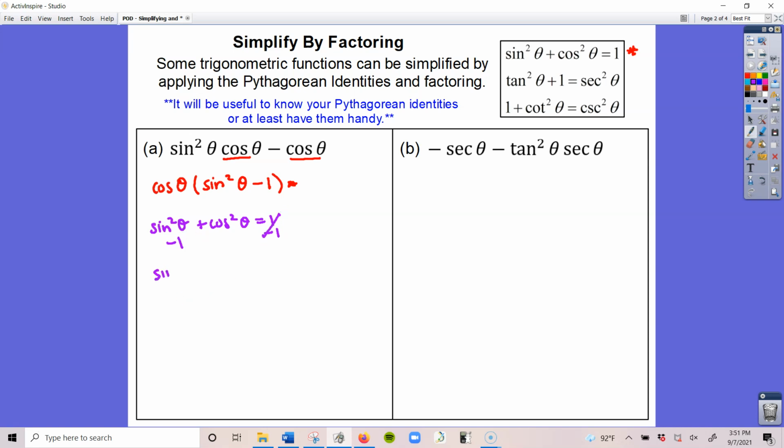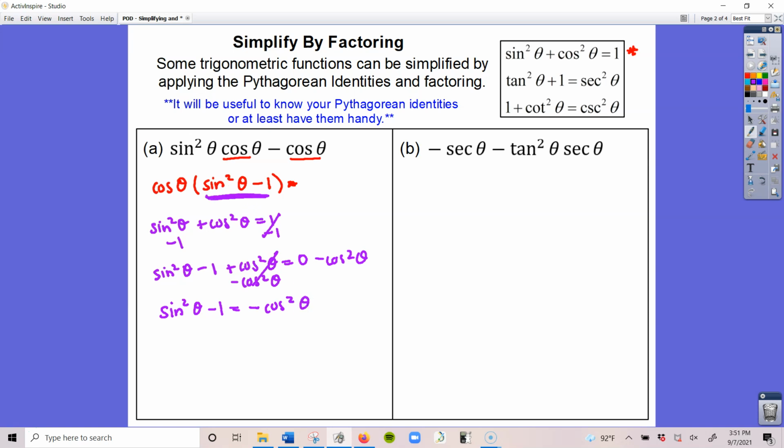So this is sine squared theta minus 1 plus cosine squared theta is equal to 0. And then if I subtract the cosine squared theta, I get this: sine squared theta minus 1 is equal to negative cosine squared theta.